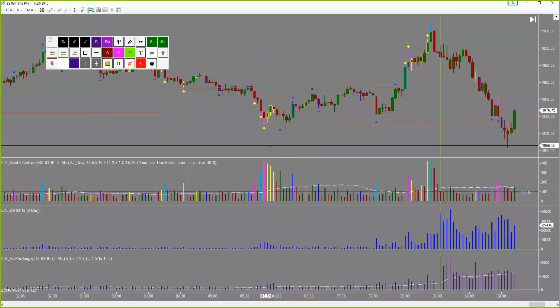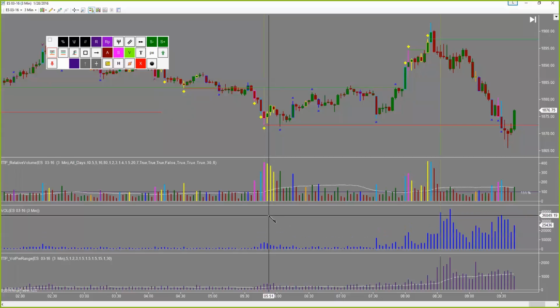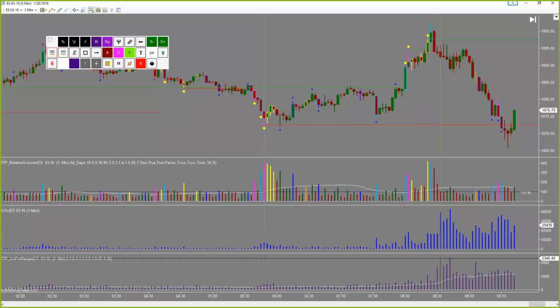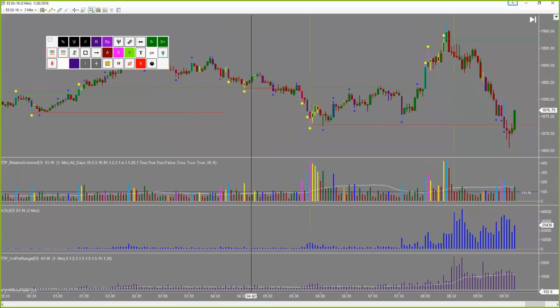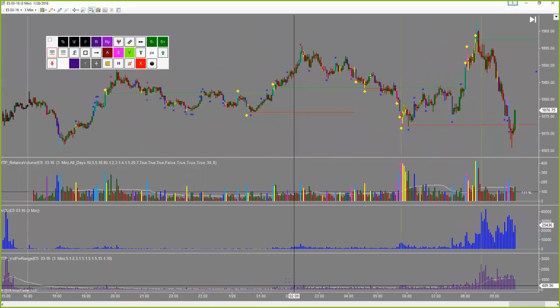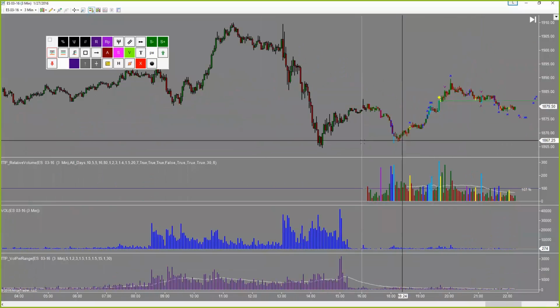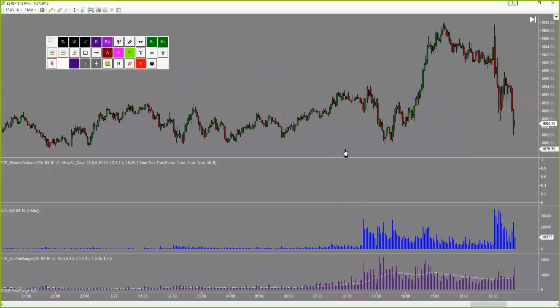So for this bar right here, which closes at 5:48, what I'm doing is I'm taking the volume, the 5:48 volume, that 3-minute bar, of the previous day at 5:48.